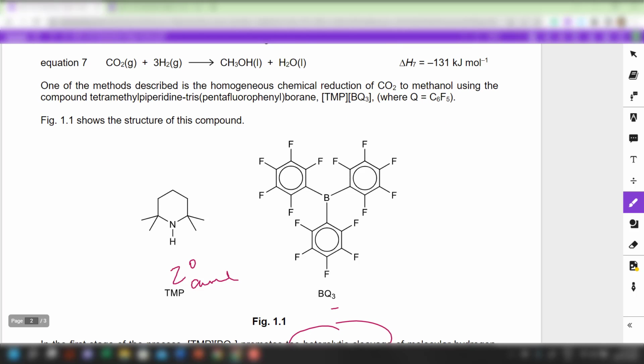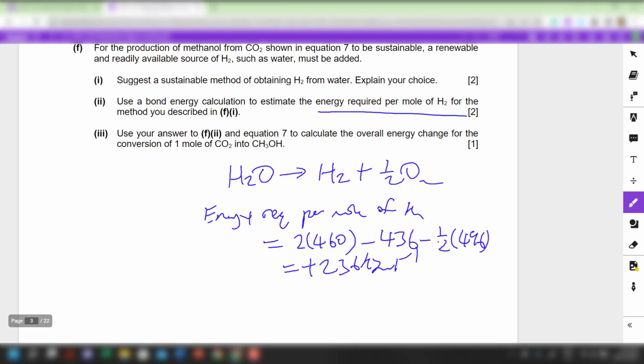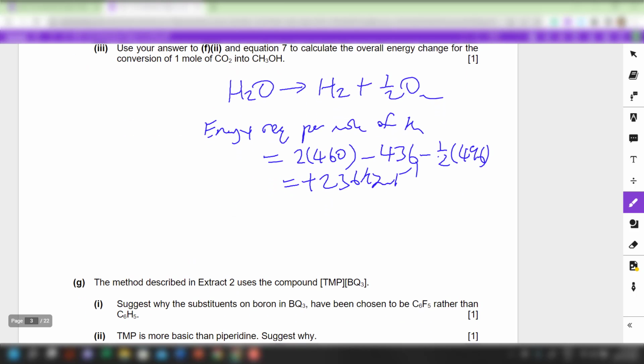I think the easiest way is perhaps to write out a balanced equation, because ultimately we are looking at CO2 plus 3H2 to give us methanol and water. So we're going to rewrite this equation: CO2 gas plus 3H2 gas, I'm going to get CH3OH liquid plus H2O liquid.